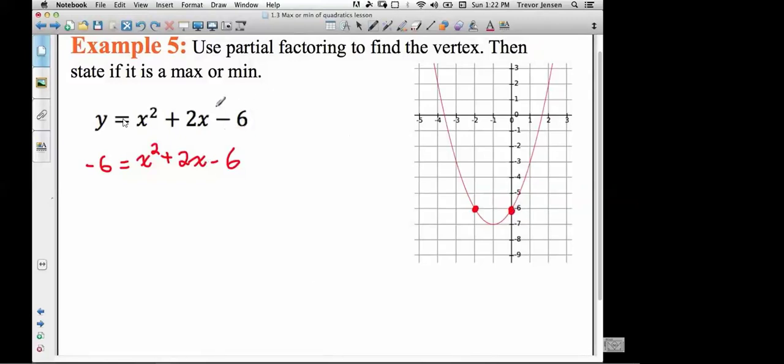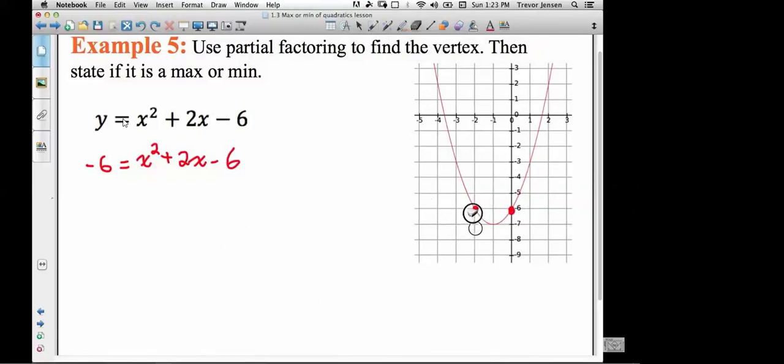So we're always going to set it equal to the y-intercept and then solve for what values of x have that y value. One of the x values will always be 0 because that's one of the properties of a y-intercept.